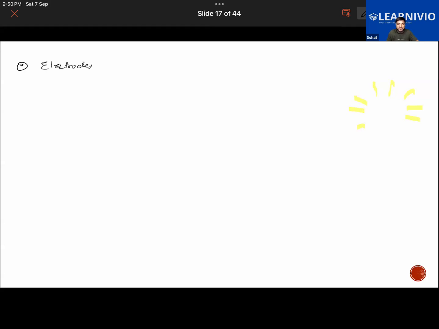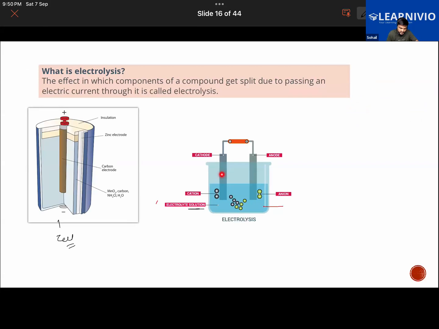So electrodes are basically the conductors of electricity. These rods are the conductors of electricity that can carry the electric current into a non-metal or other poor conductors of electricity. Like this liquid, is it a metal or a non-metal? Liquids are non-metal, obviously, right? So we can consider this as a non-metal.